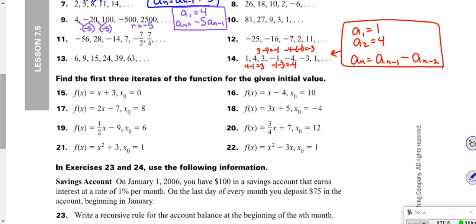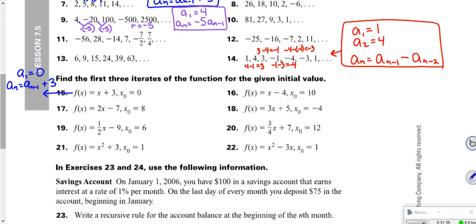So this is the same thing as saying A sub 1 is 0 and A sub n is A sub n minus 1 plus 3. It's the same thing. They're just writing it in function notation. Quite honestly, I'm not a huge fan of this. I think it's too easy to get misconstrued.